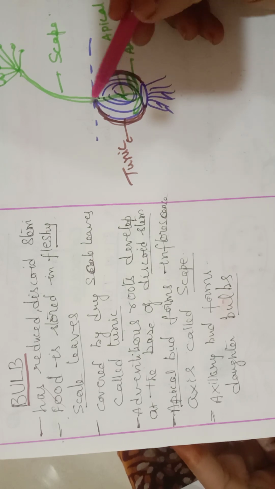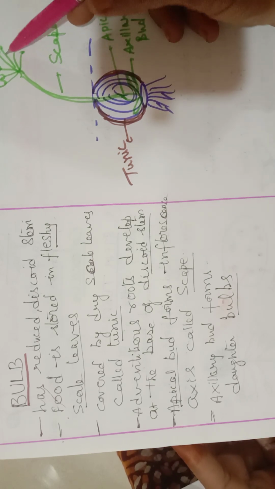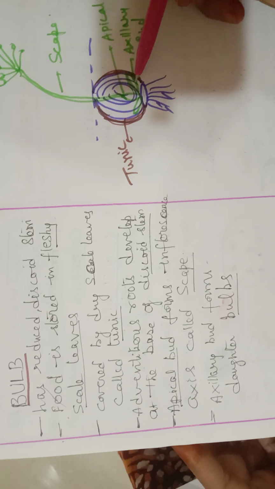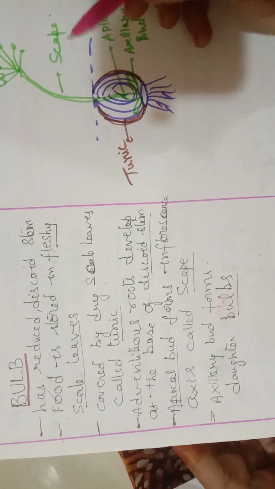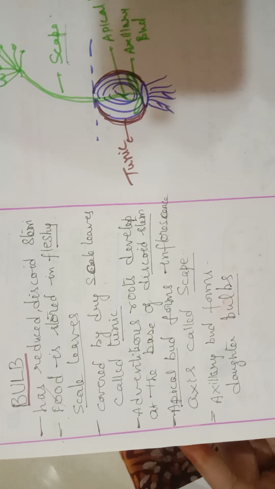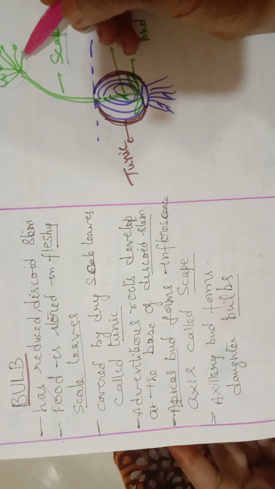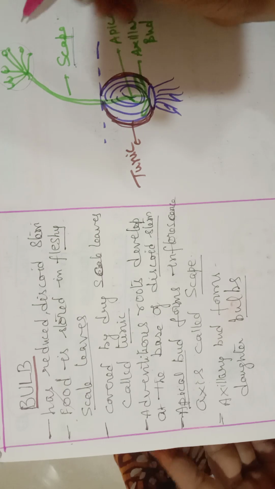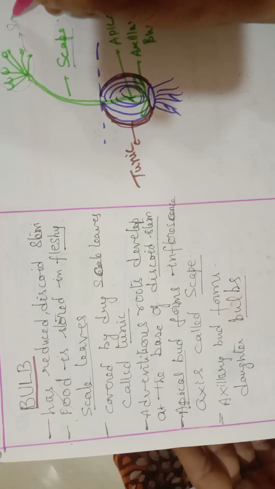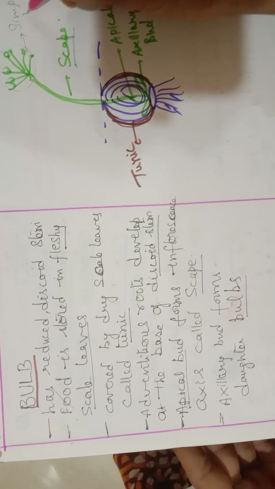This apical bud will give rise to a long inflorescence stalk. This long inflorescence stalk is called a scape, and at the tip, the type of inflorescence present in the onion is called a simple umbel.